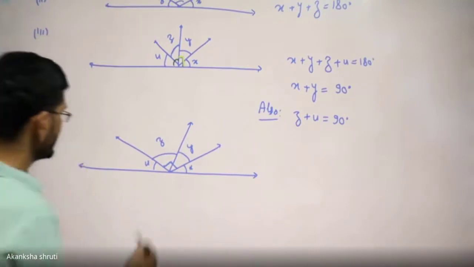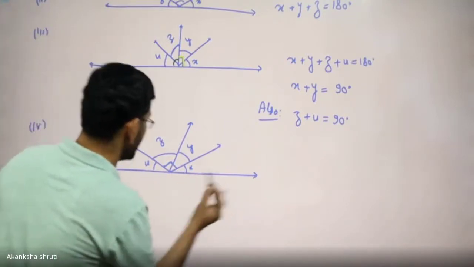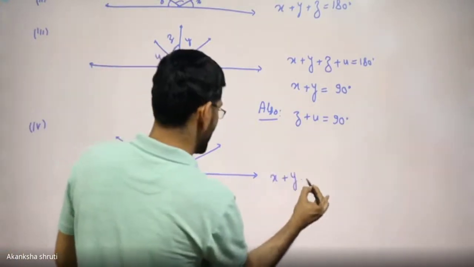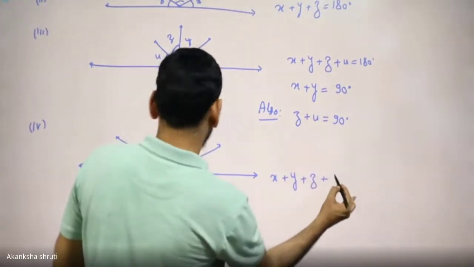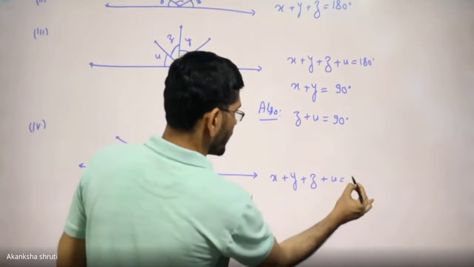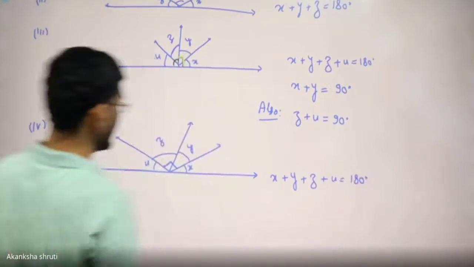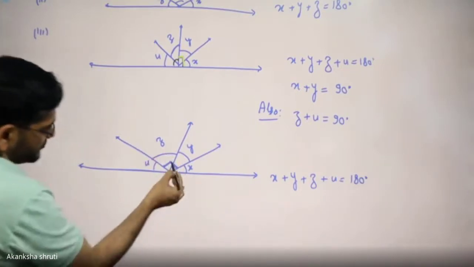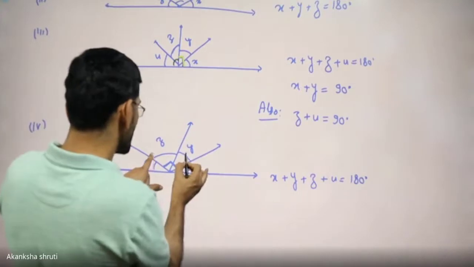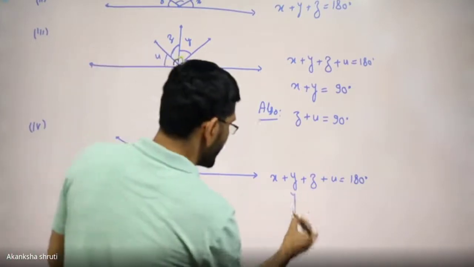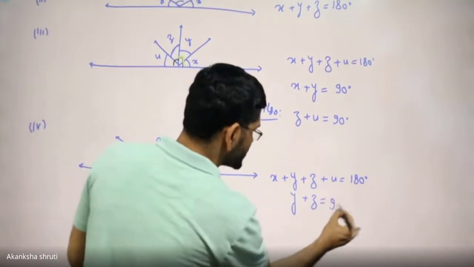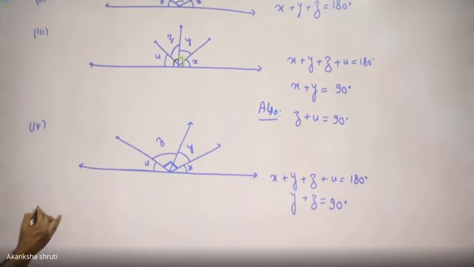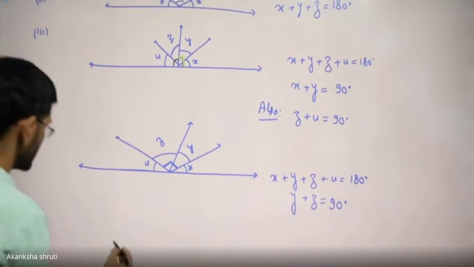Students, considering this a straight line, we can write X plus Y plus Z plus U is 180 degree. But for the right angle, we have to focus on the part where this right angle is indicated, which includes your Y and Z. So Y plus Z will be 90 degree. Okay, students? So similarly, various situations are formed, and considering these situations, the questions are framed.